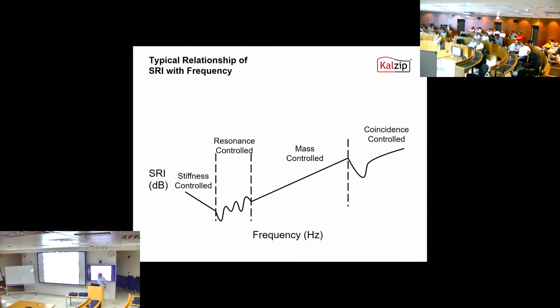We struggle at the low end and high end of acoustic performance. Here the system can be too stiff and it starts to resonate. And here again it can start to vibrate because it's at the same acoustic harmony as the actual sound itself. So you get vibration.